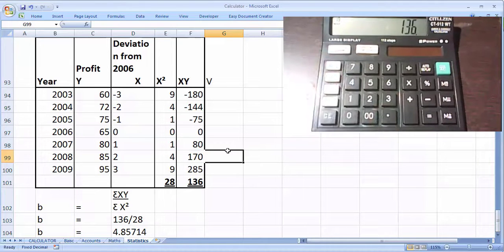Put grand total, 136. Good. Divided by, recall the memory, 28, equals 4.857.